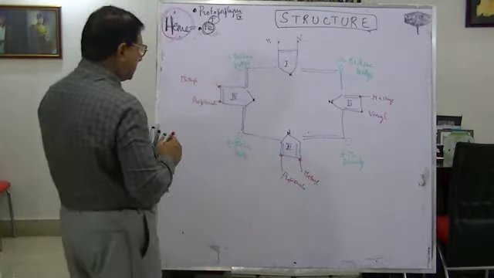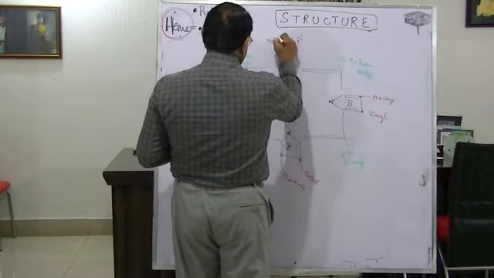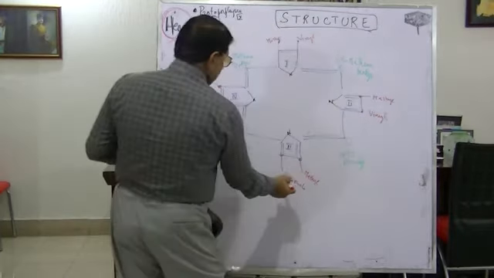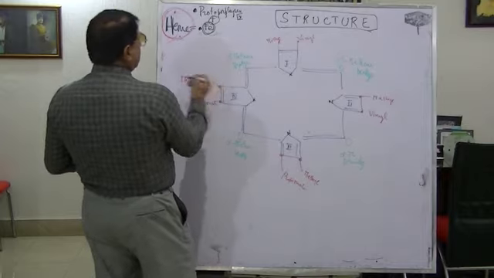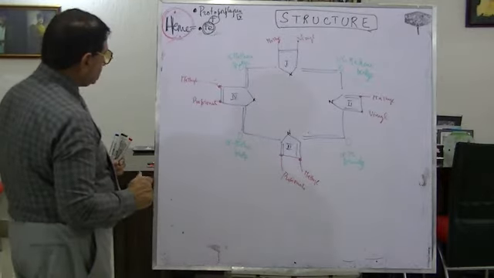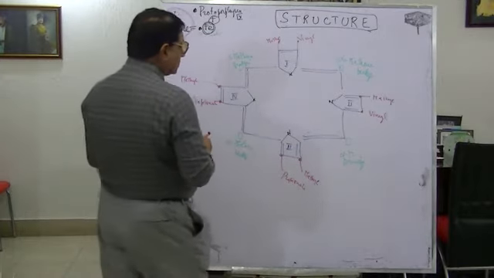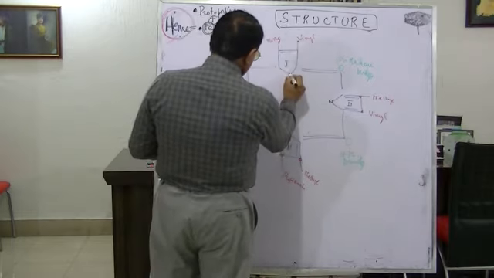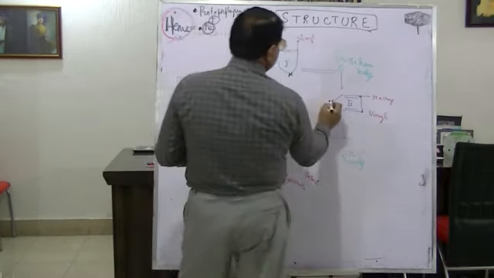So these are the side chains. This one again, 4 pyrrole rings, methyl group, vinyl group, methyl, vinyl, methyl group, propionate, propionate, and methyl group. They are attached over here. These are the side chains. So these groups are attached over here. And then you've got nitrogen over here, and nitrogen over here.